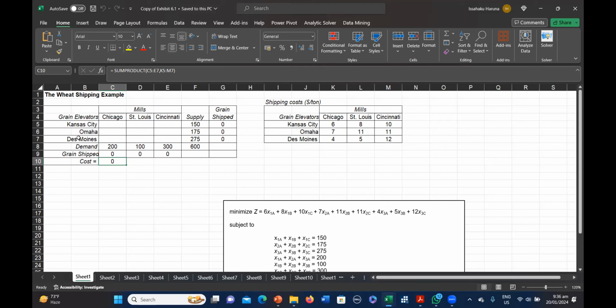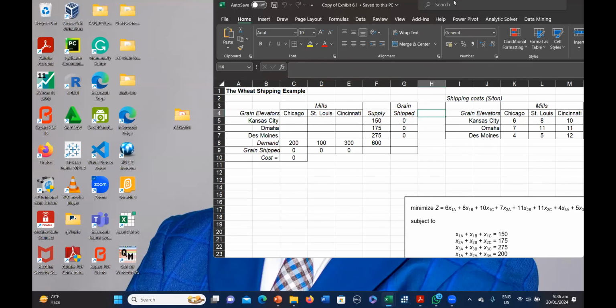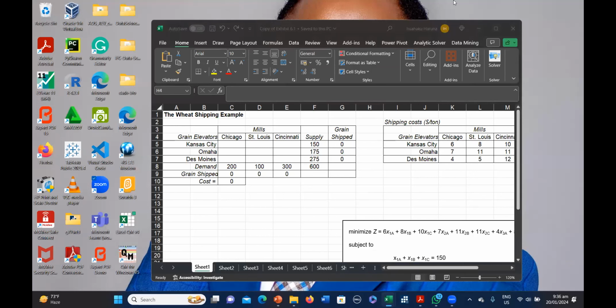Then once that is done, we can see how the solution looks. So once again, let's go to data, and then use our solver. Just a minute.